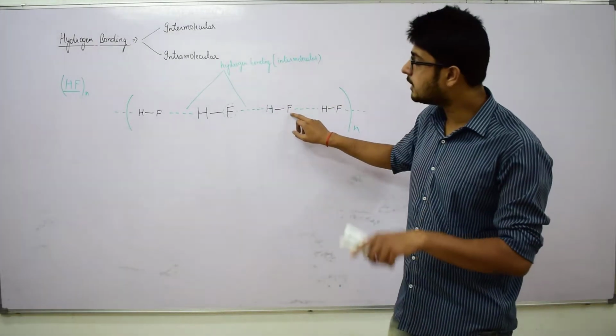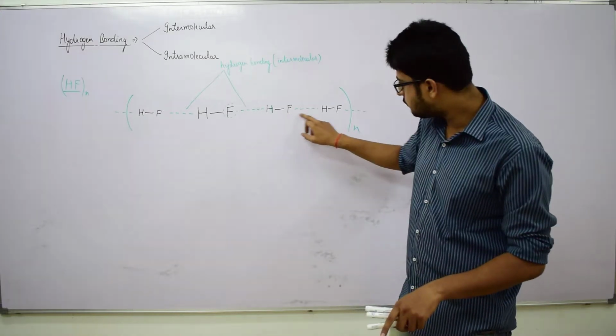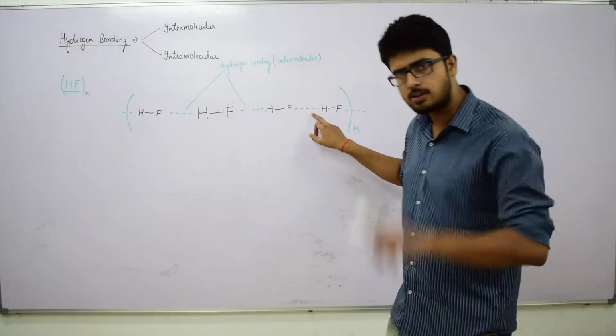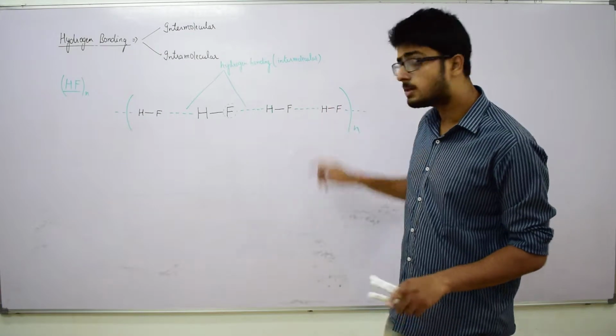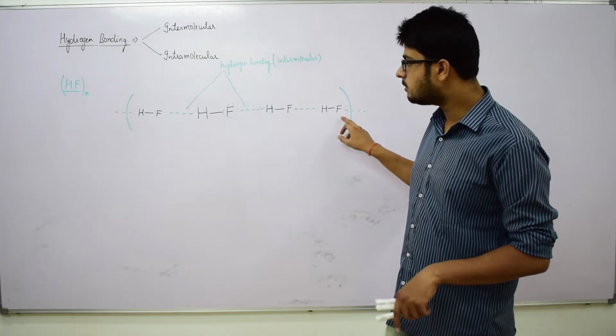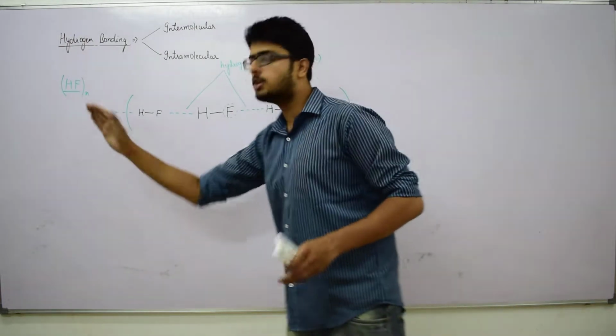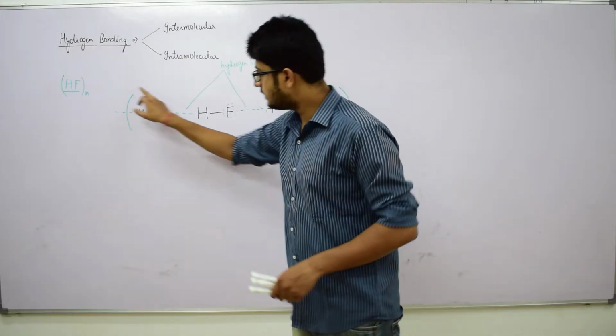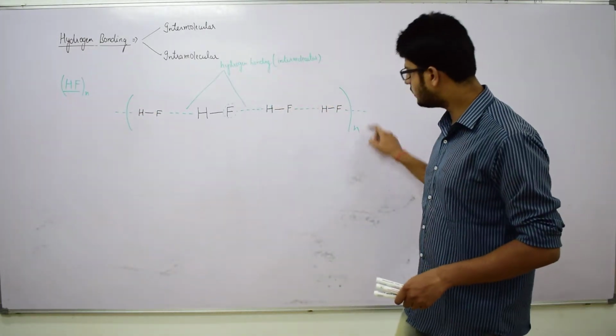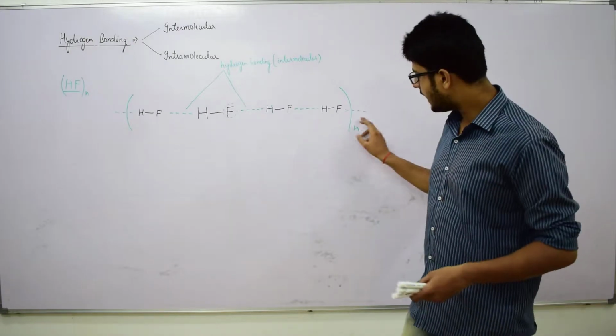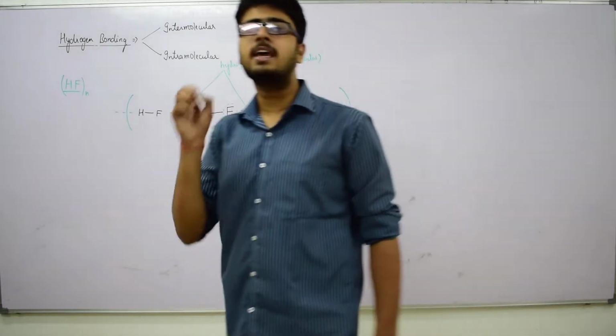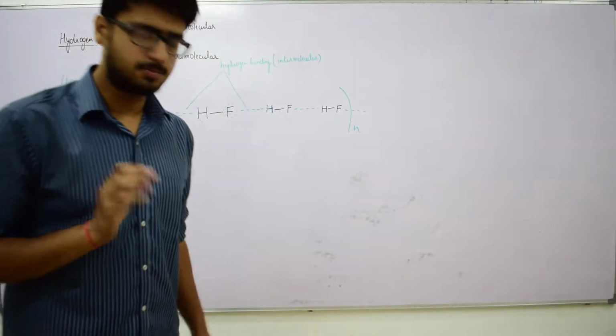Again the more electronegative fluorine atom will form an intermolecular hydrogen bond with the hydrogen atom of the next HF molecule, and this process will continue on both sides to an extent of n, where n can be any positive integer.